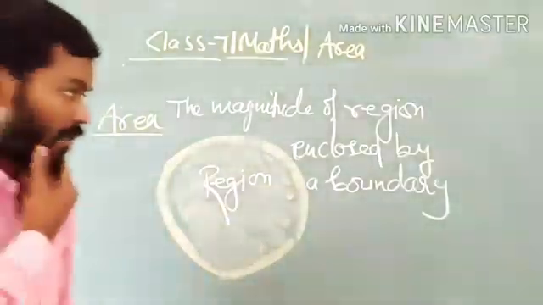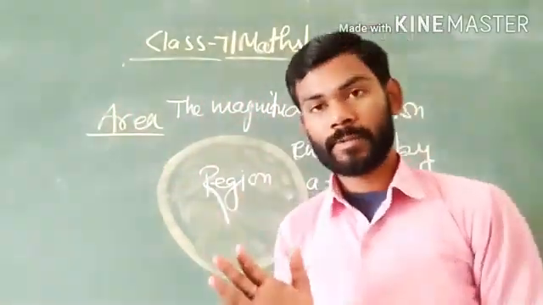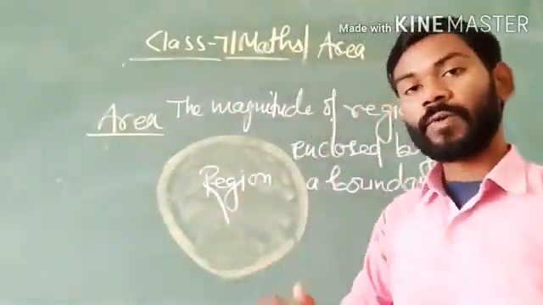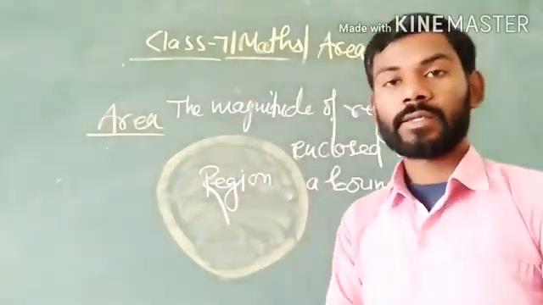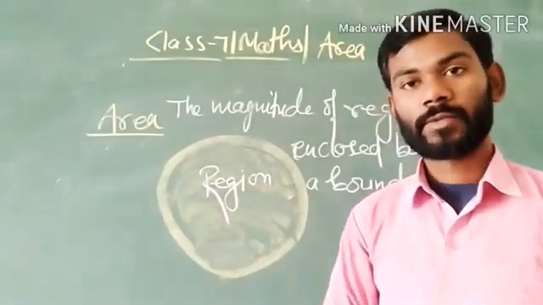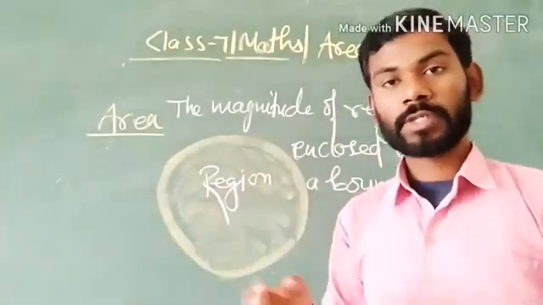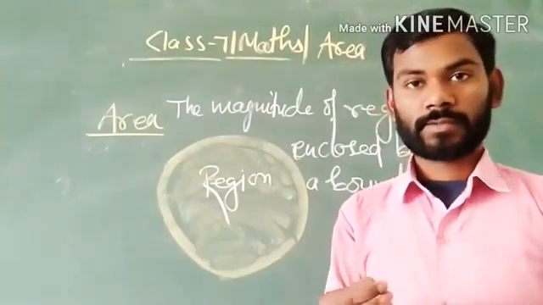Okay. So here we get the definition of area, but one question again arises: how shall we find area? Now we shall discuss the process through which we get area.